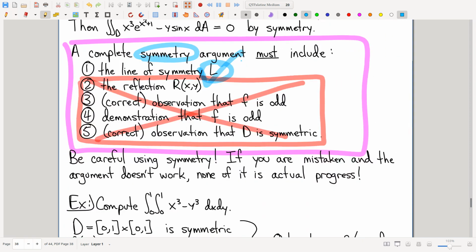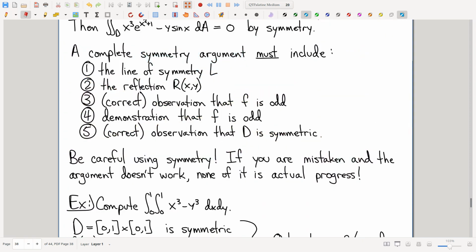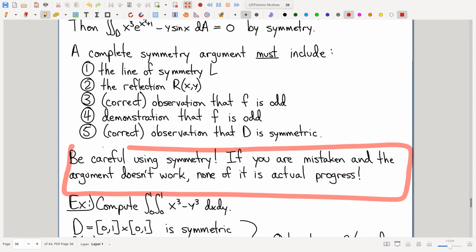I do warn you, though, it remains unavoidably that symmetry arguments are dangerous. So please be careful. What I have seen a million times is students look at an integral and they're like, oh, hey, this looks like integral 0 by symmetry over the y-axis.